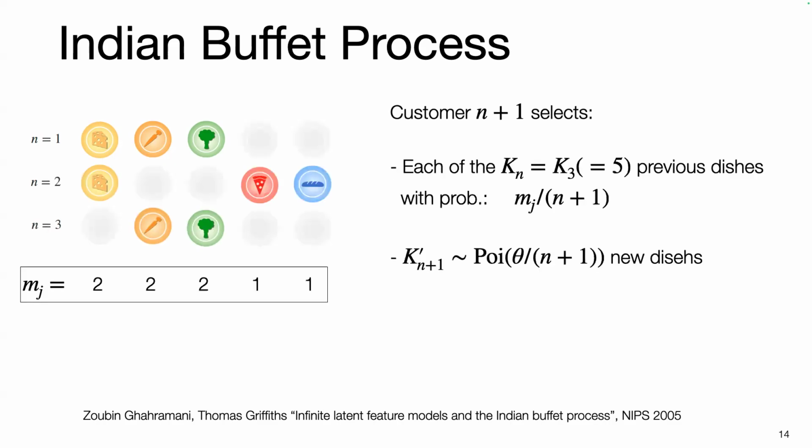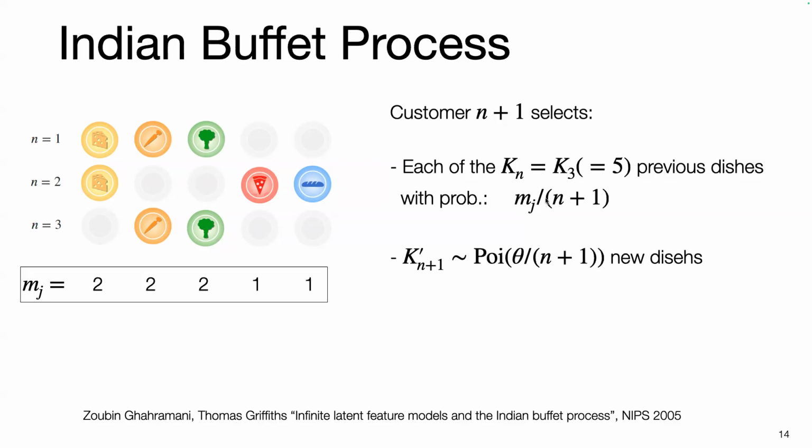Then, after n customers have entered, customer n plus 1 goes through the buffet and selects each one of the dishes that were previously chosen, and there were kn dishes that were previously chosen. In this example, we have that n is equal to 3 and kn is equal to 5. And they choose each one of the previously chosen dishes with a probability that is proportional to their popularity.